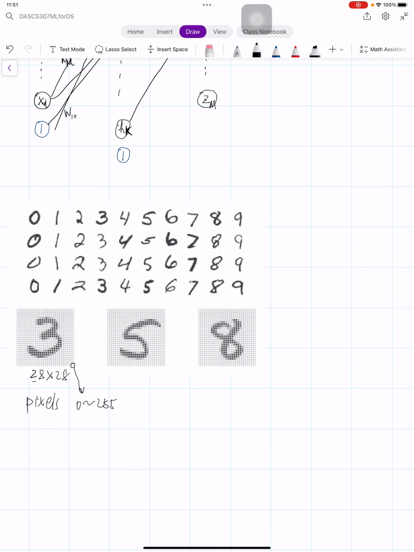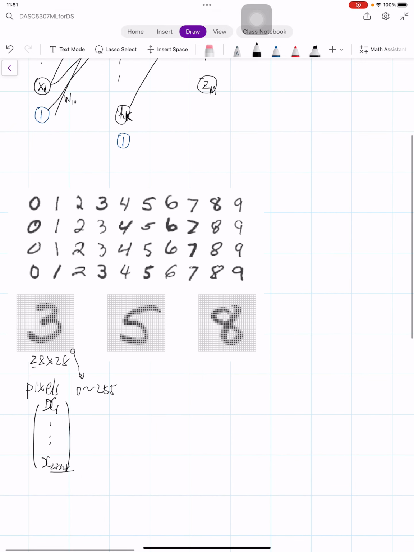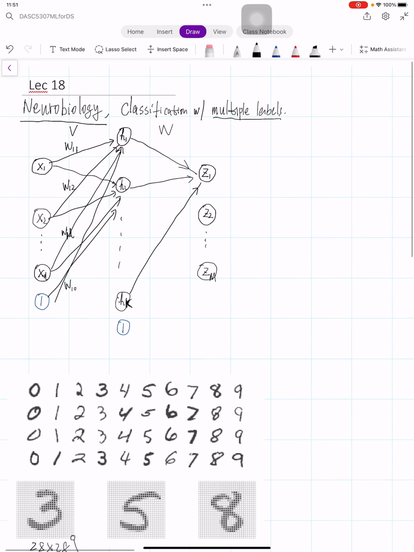So each input x has values x1 up to x784, that is 28 times 28. So this dimension d equals 28 times 28. This is our input dimension.